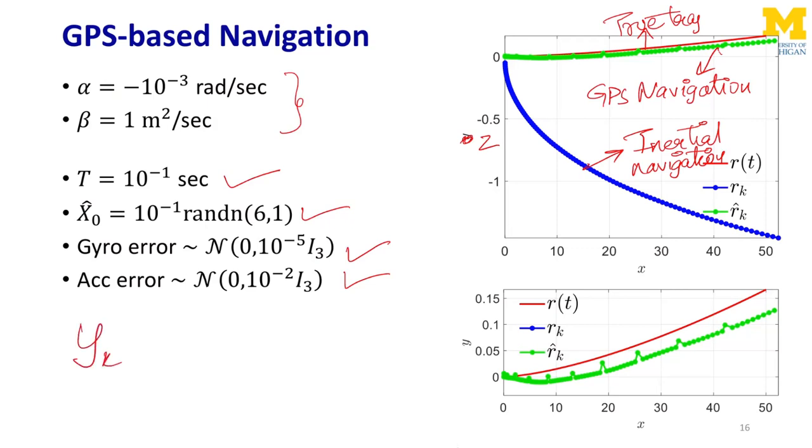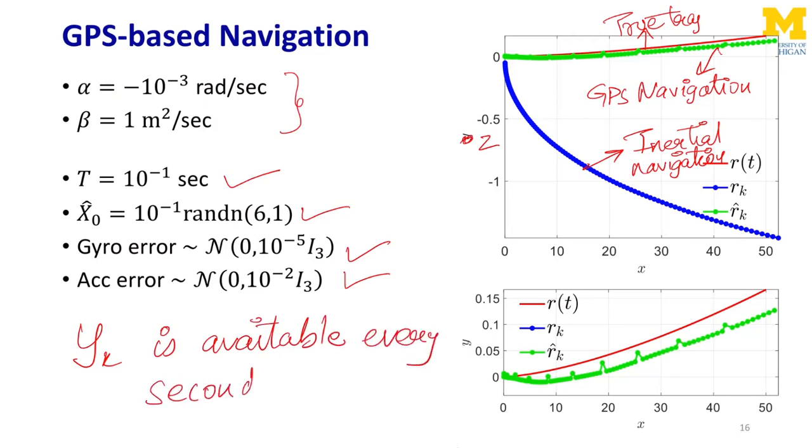So YK is available, I didn't mention that in the slide, available every second. So between every second, we have 10 of these sample times. So for 9 steps, we are going to use the dynamics, and at every 10th step, we are going to assimilate the GPS measurement.